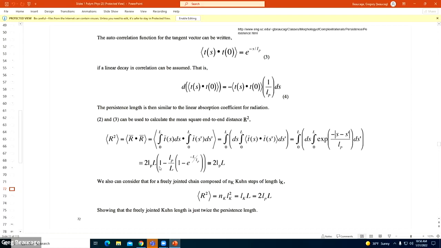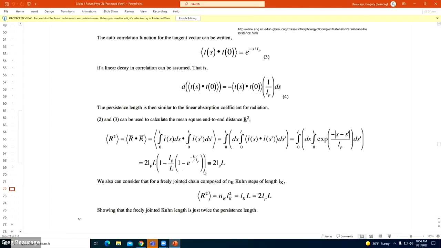But anyway, it's got this long function, where L is the contour length, like LP times NP. That's the same contour length, or NK times LK. It's the same contour length, so that the extended length of the chain doesn't change with the two models, capital L. So here we have LK times L, and here if L goes to infinity, this term drops out.